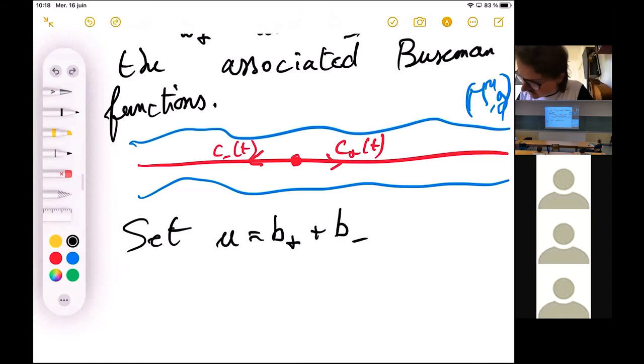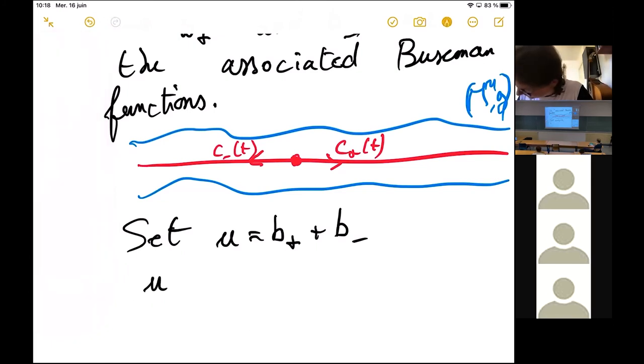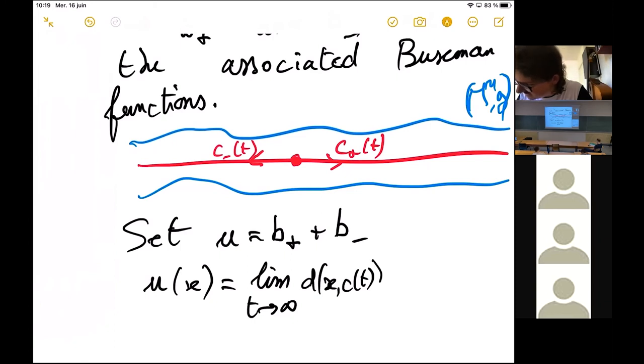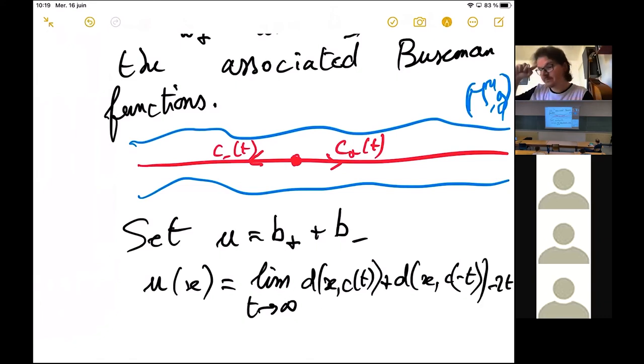So u of x, you can write it as a limit as t goes to infinity of the distance to c of t plus the distance to c of minus t minus 2t. Okay, let's leave that for the moment.